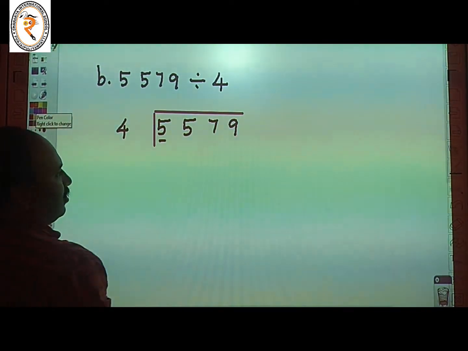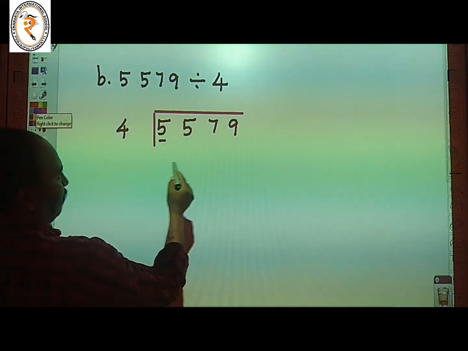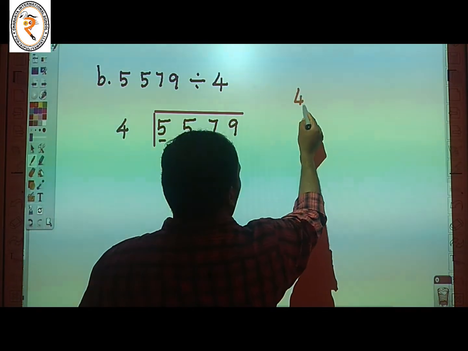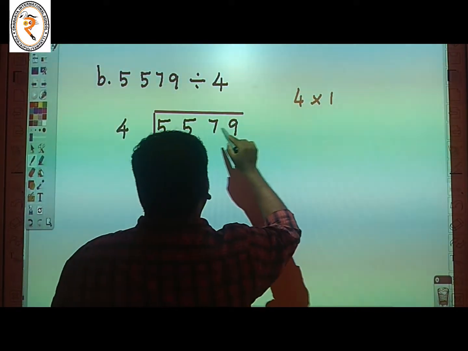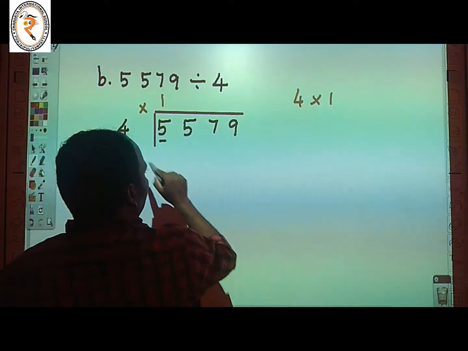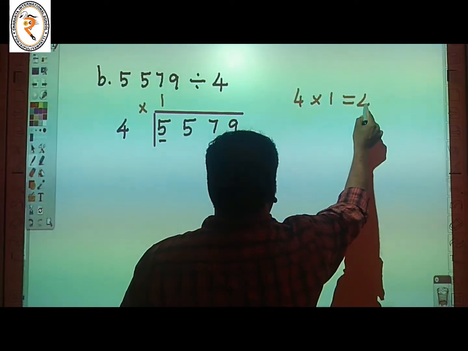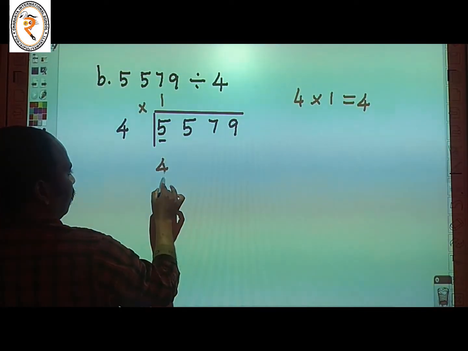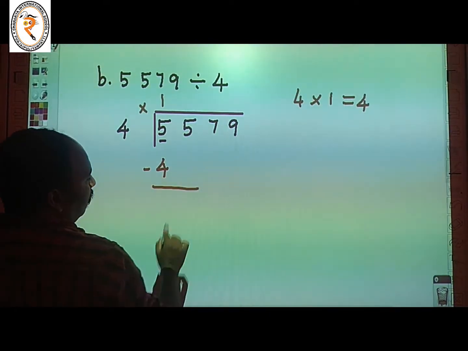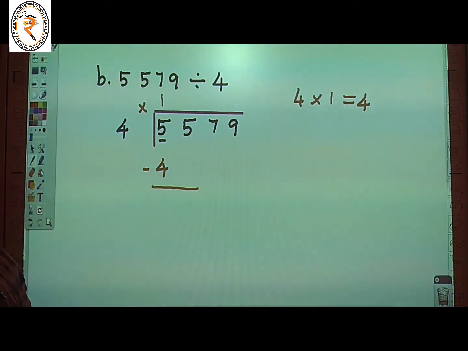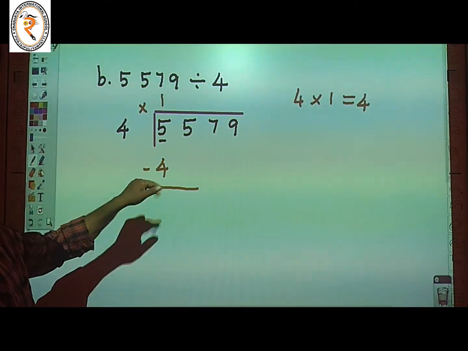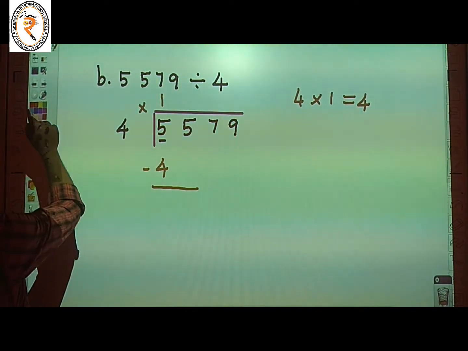Here our thousands place is 5 only. So 4 into 1 is equal to 4. Our dividend is 4. Subtract: 5 minus 4 is equal to 1.